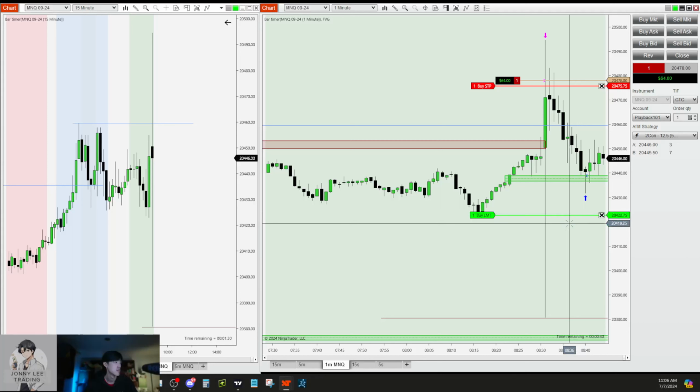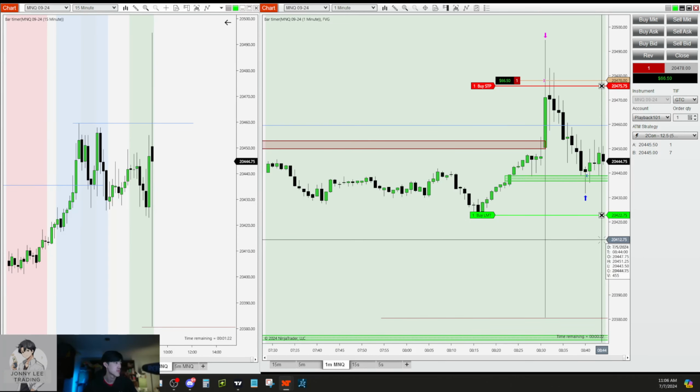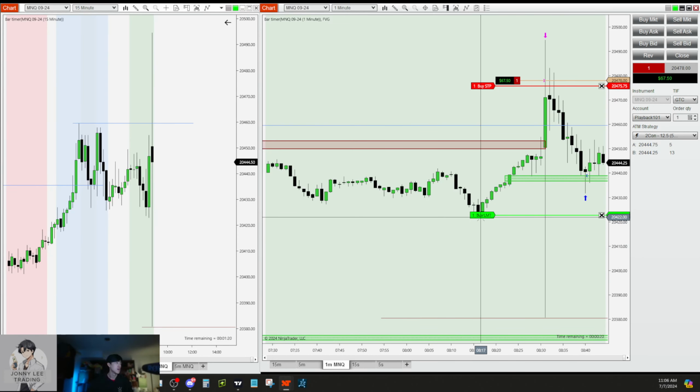So I think that we'll probably get to where we need to go soon. But yeah, if I'm bullish, this might have been a spot. I think I did scalp the bounce off of that buy side imbalance, but it's a Friday.